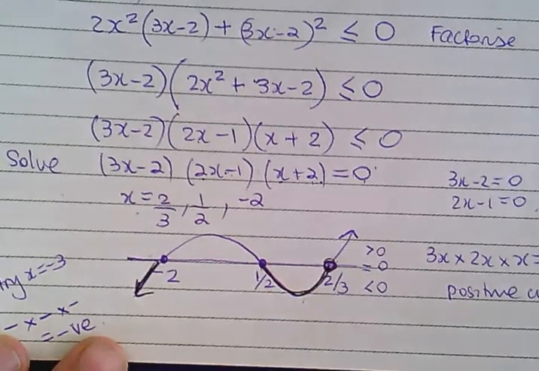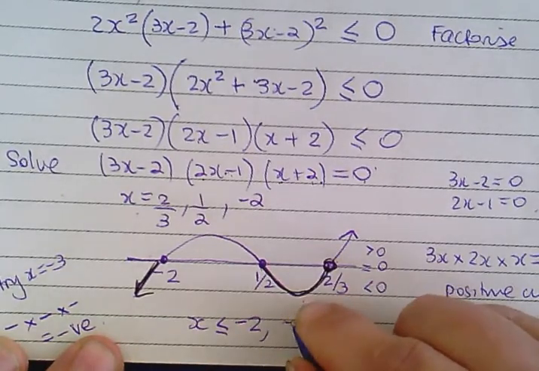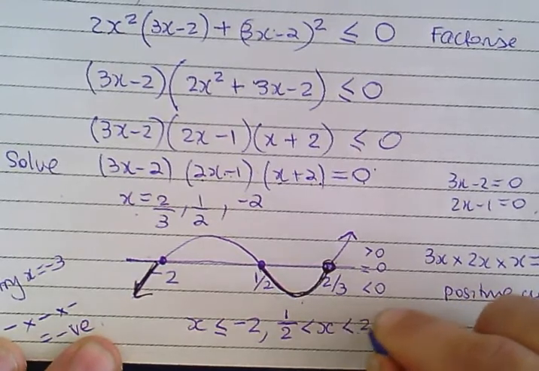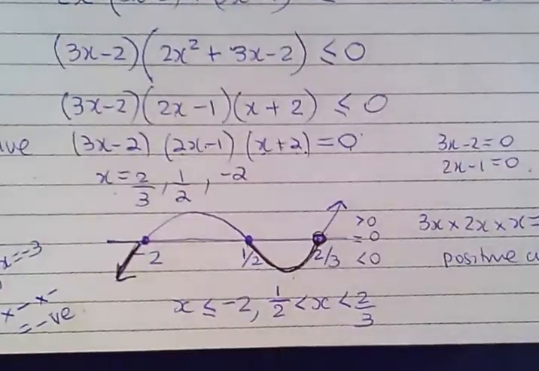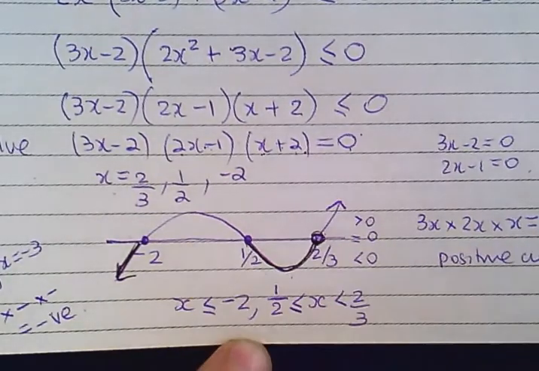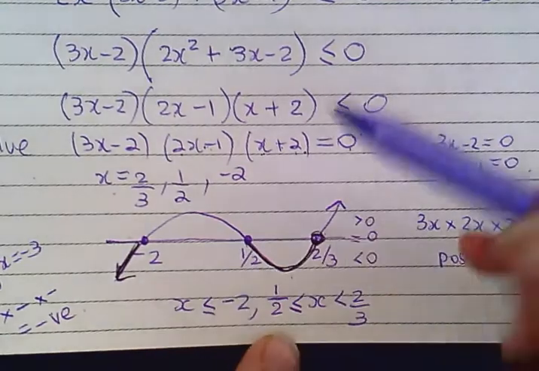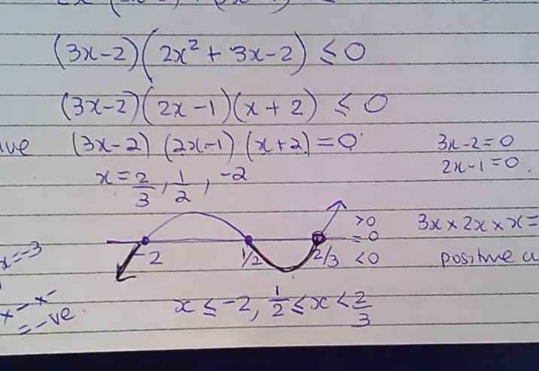I've got a circle around it. So x is less than or equal to -2. X lies between 1/2 and 2/3. I've missed an equal to sign. Where do I put it? With the half. It would normally be all equals, except go back to the original question and see where you're not allowed to equal at 2/3. All right?